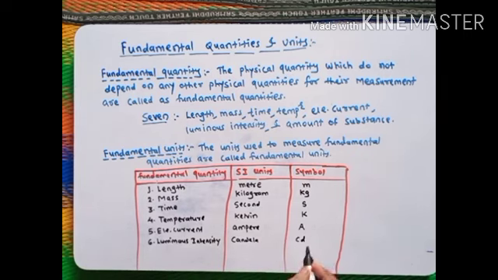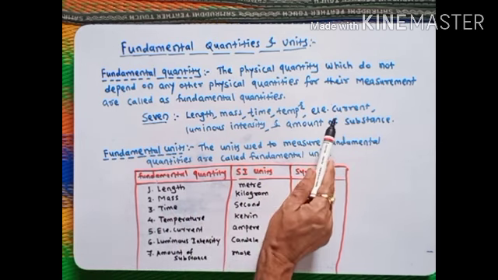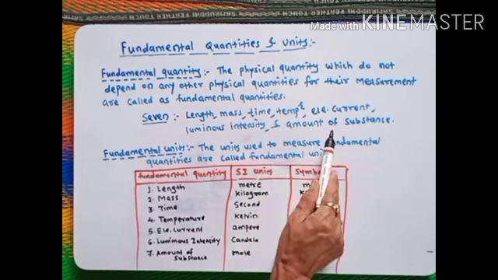Symbol is cd. And the last physical quantity, amount of substance, is measured in mole and the symbol is mol. These are the seven physical quantities: length, mass, time, temperature, electric current, luminous intensity and amount of substance.